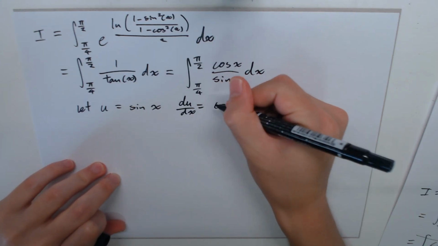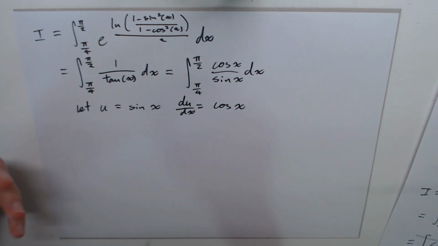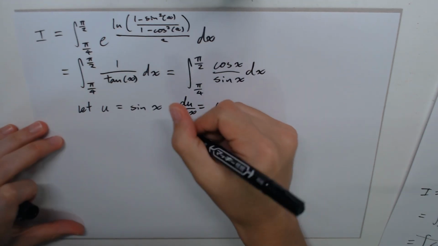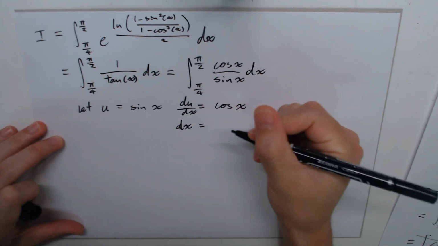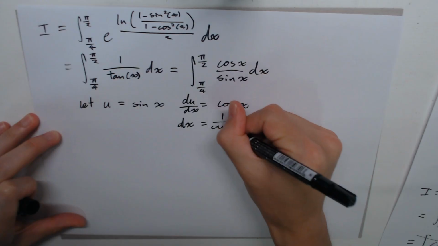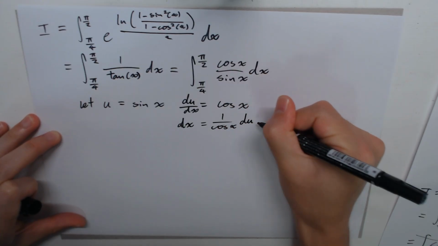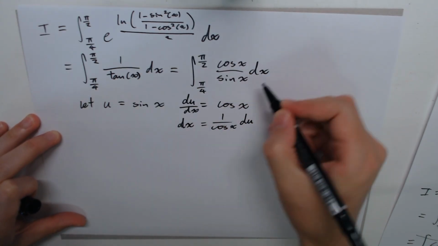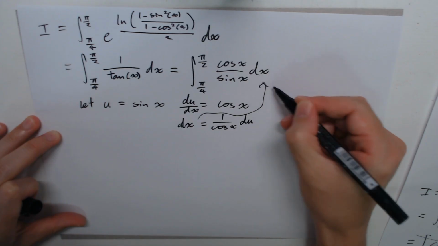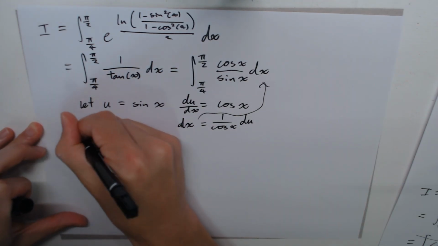I don't think it's negative, I think it's just cosine x. I can never remember, actually. So cosine x, then 1 over cosine x du is equal to dx, so we can put that in here.